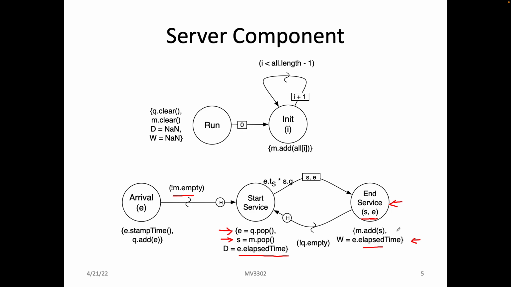In other words, when a server has completed service, we need to put it back into the container of available servers. And now, since the end service event requires 2 arguments, that means that we must pass it 2 arguments.